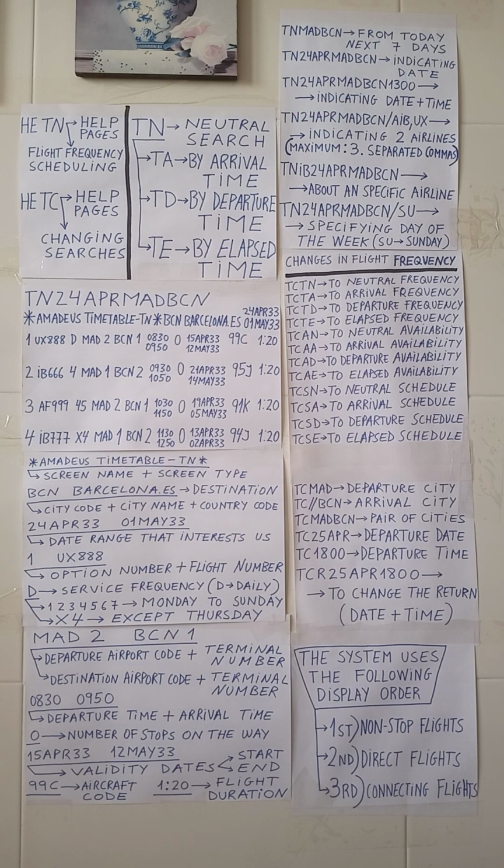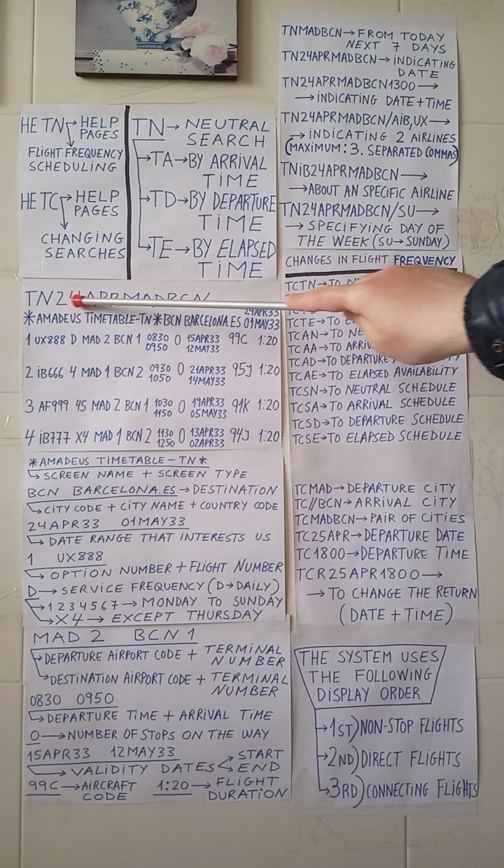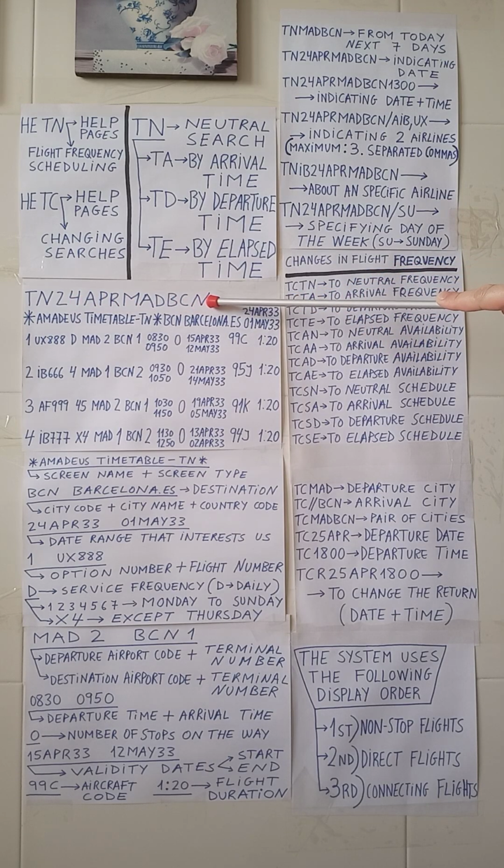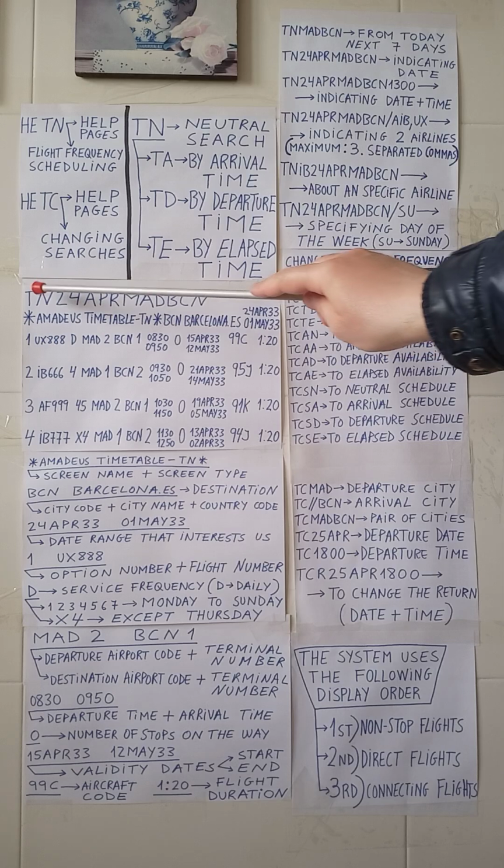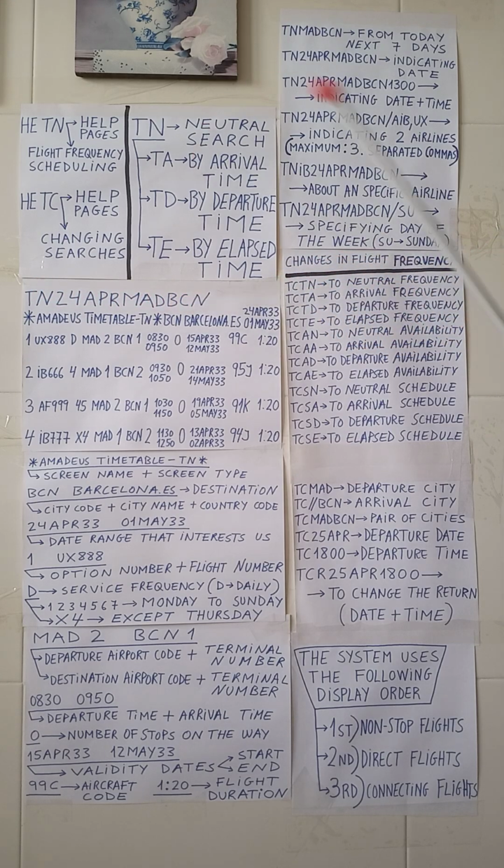That screen has the transaction TN24 APR MAVBCN at the top. The transaction is what generates all the information below. All this information is generated because of this kind of question.